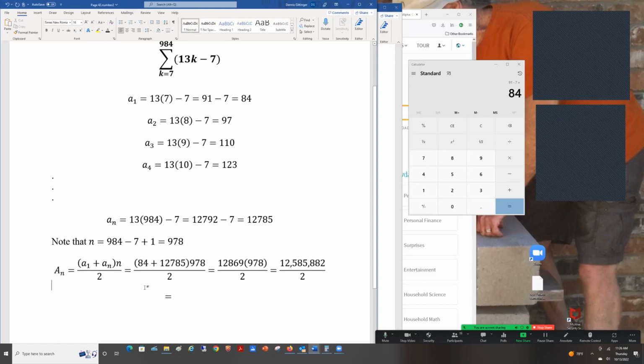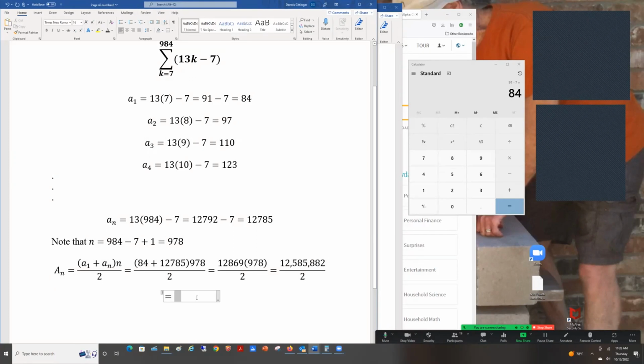It's going to be the first number, 84, plus the last number, not 7 and 84, but what you get when you plug in 7 is 84. What you get when you plug in 984 is 12,785. And that means 12,869 times 978 divided by 2.